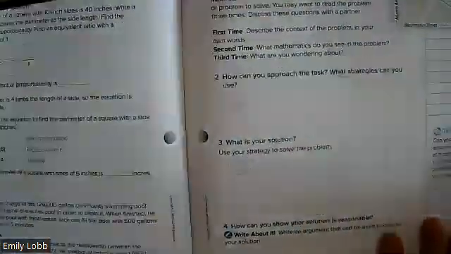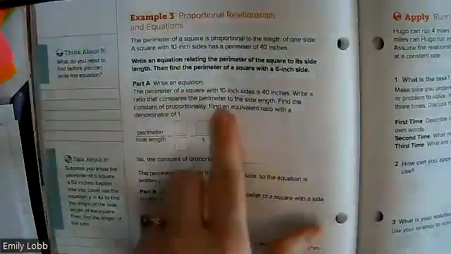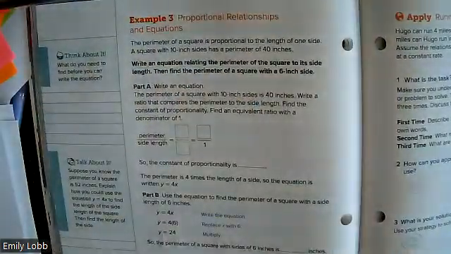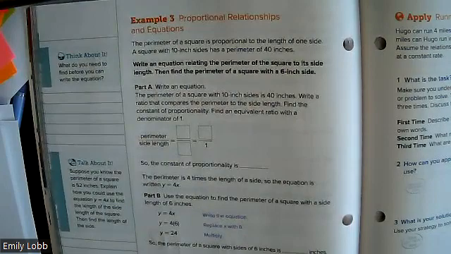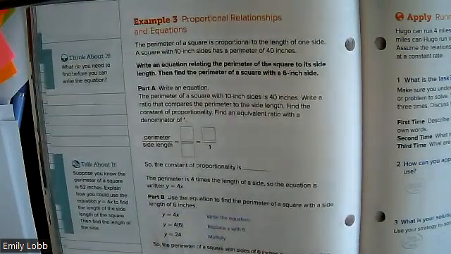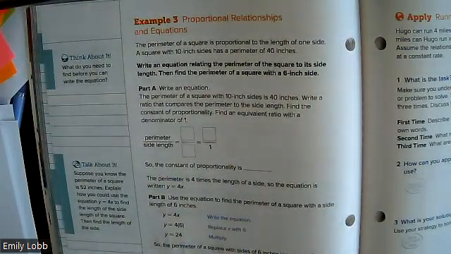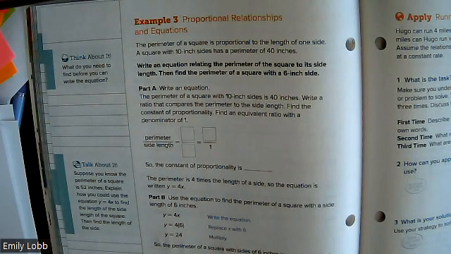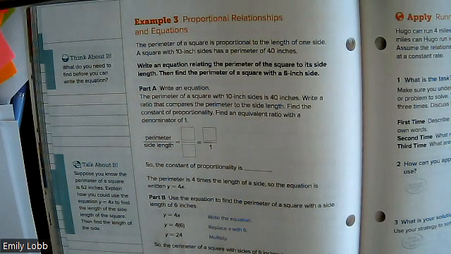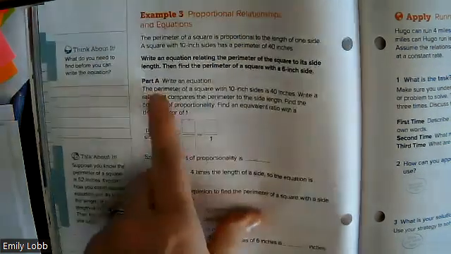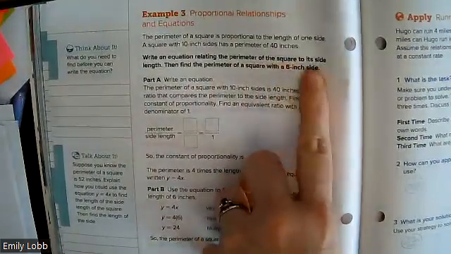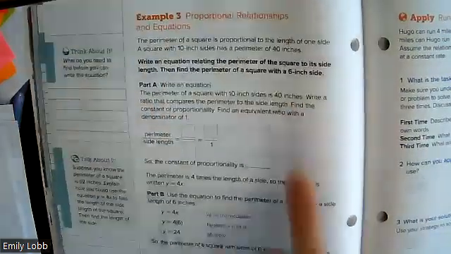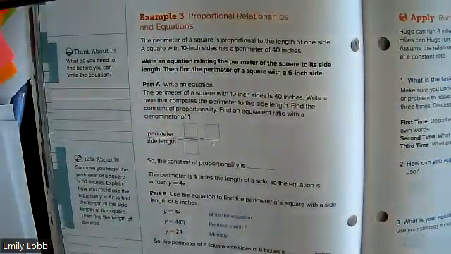All right. Finally, the perimeter of a square is proportional to the length of one side. So a square with 10-inch sides has a perimeter of 40 inches. Do you remember getting the equation of a perimeter to be 4 times s, or 4 times the number of sides? Because all of the side lengths are the same, right? So write an equation relating the perimeter of a square to its side length, then find the perimeter of a square with a 6-inch side.